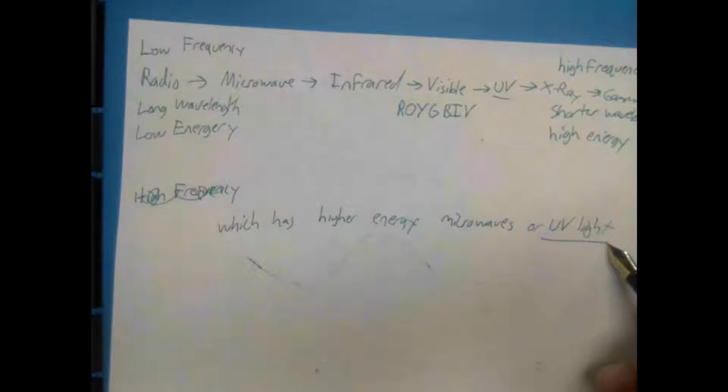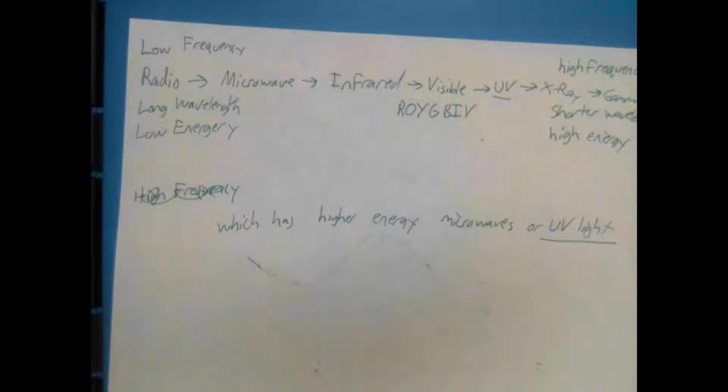I'm already confused with which is the UV and infrared. So if you remember radio, and you remember Roy G. Biv, and you remember that it's in this correct order, if you start with radio, then visible is going to be Roy G. Biv.